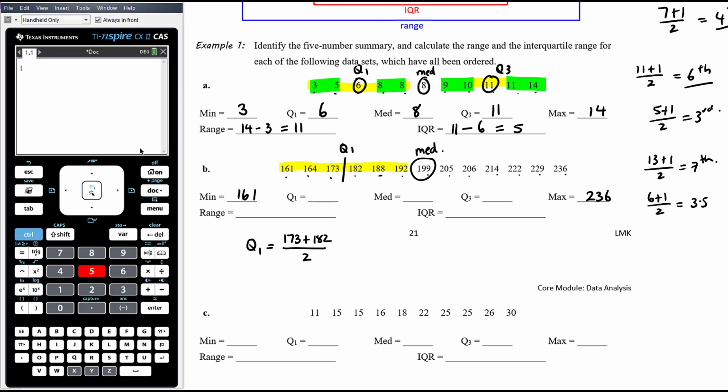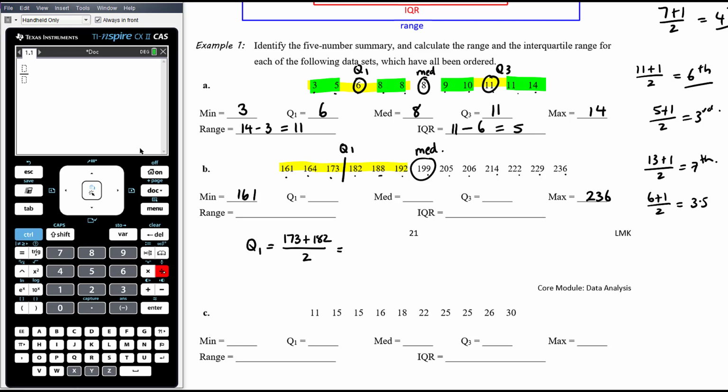Now, if the numbers are 173 and 174, then you can probably know that halfway between is 173.5. So you might be able to work out the halfway value really easily in your head. If the numbers are 6 and 8, halfway between that is 7. Okay, but to calculate it, if it's not so easy, add them together, divide them by 2. That will always work out the halfway value.